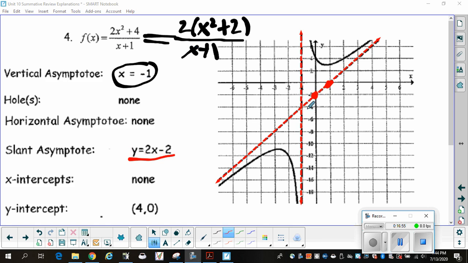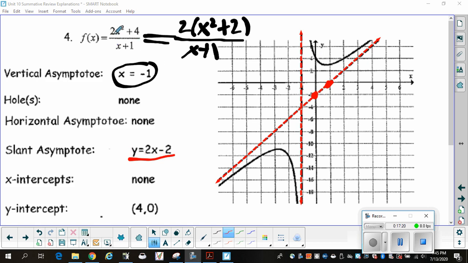Because at negative 1, okay, I can't get anything to work out there. Sorry. And notice there's nothing. The black curves are here and here. They're not touching the x-axis. They are crossing the y-axis at 4.